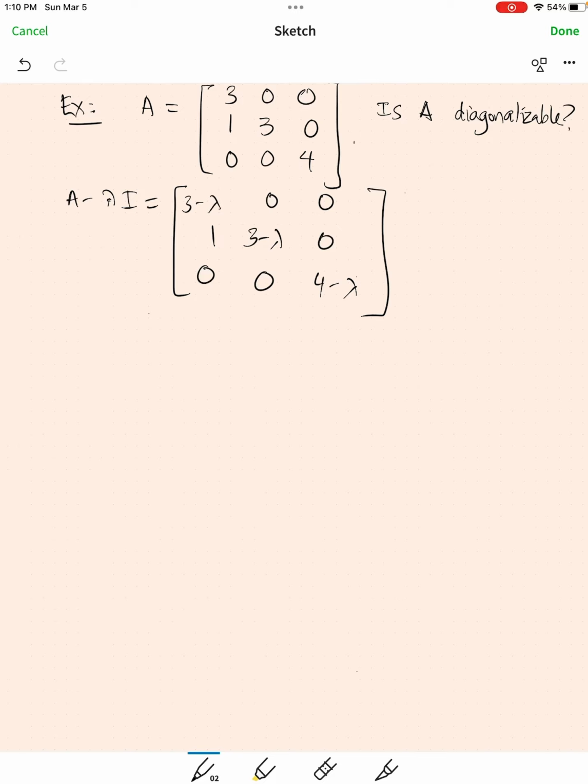And now what's the determinant of this? So P of lambda, that's the determinant of this matrix, is, you could do cofactor expansion along the first row, and so you're going to get 3 minus lambda times 3 minus lambda times 4 minus lambda.